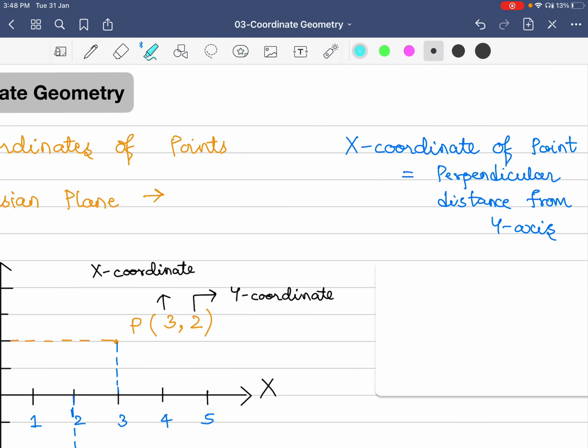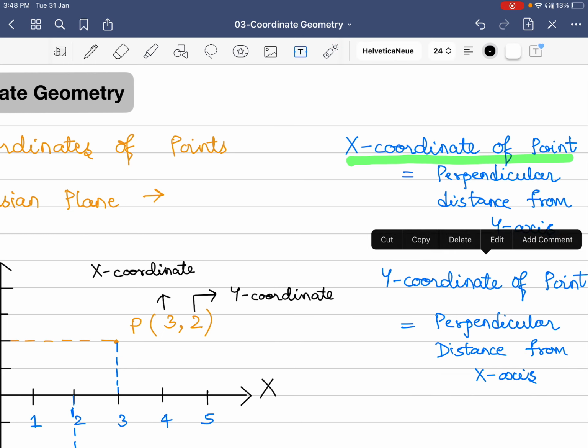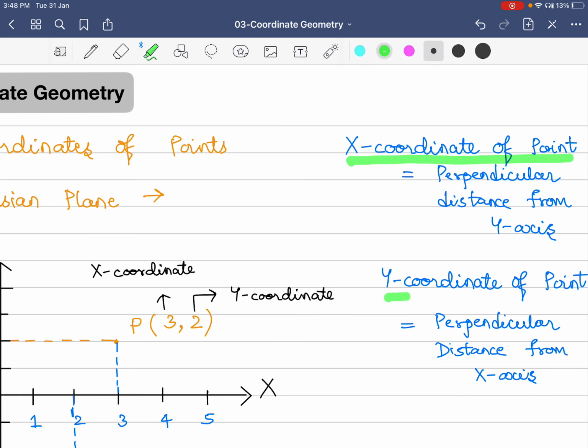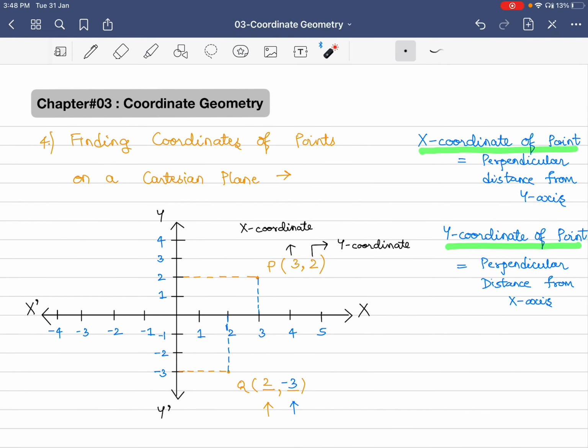We have already seen this. The x coordinate of a point, what is it? It is the perpendicular distance from the y-axis. Okay, and the y coordinate is opposite. So what is the y coordinate of a point? It is the perpendicular distance from the x-axis. Okay, so these are the definitions of the x coordinate and y coordinate of points on this Cartesian plane.